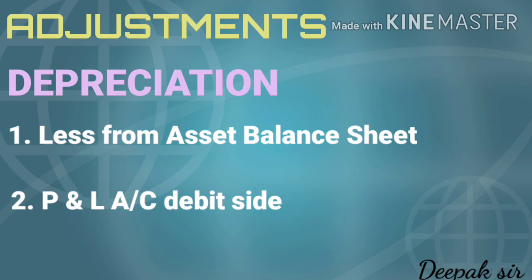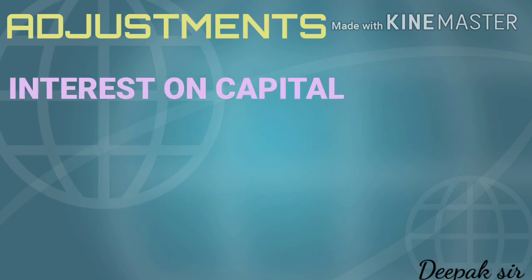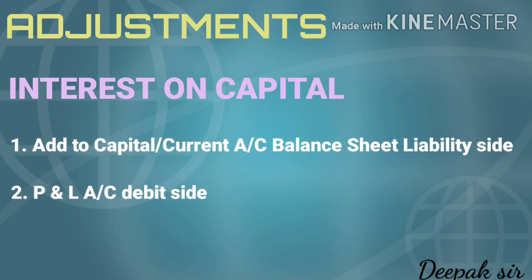Now the next adjustment is interest on capital. Interest on capital is an income for the partners, but it is an expense for the business. Since it is an income for the partners, we have to add in partners capital account or partners current account in balance sheet on the liability side.